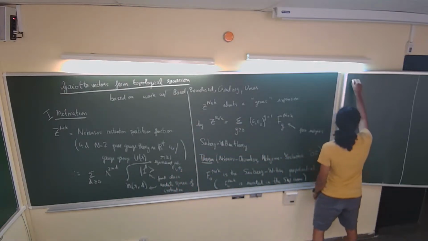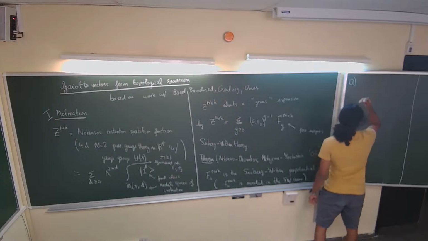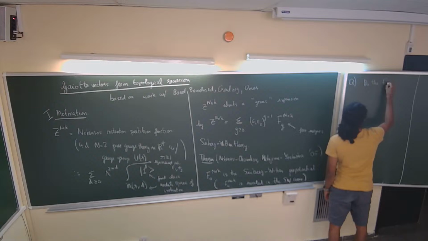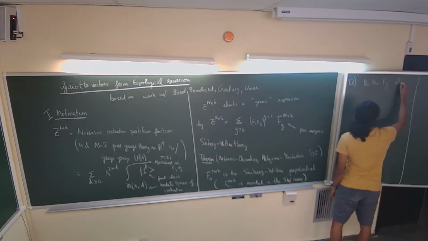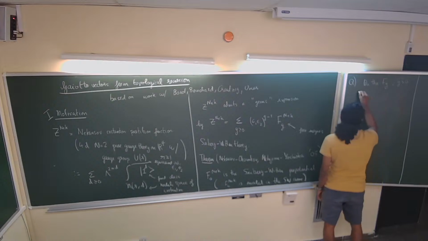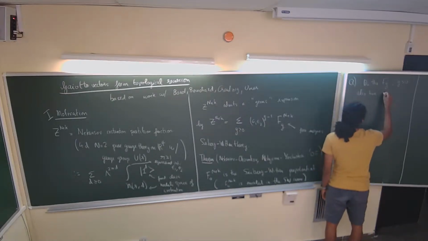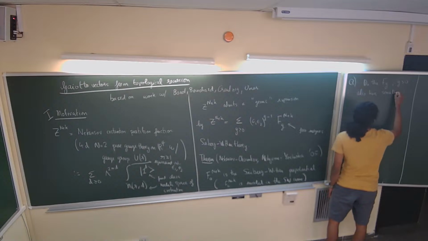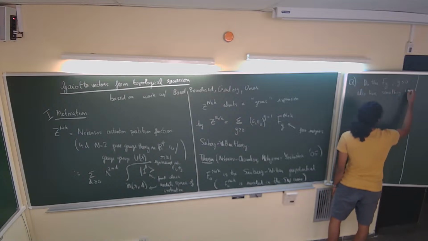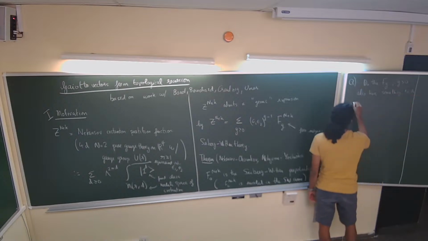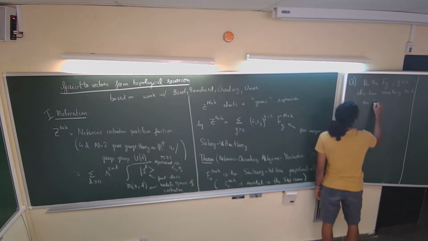The question is, do the F_g, also for g greater than 0, also have something to do with the Seiberg-Witten curve?